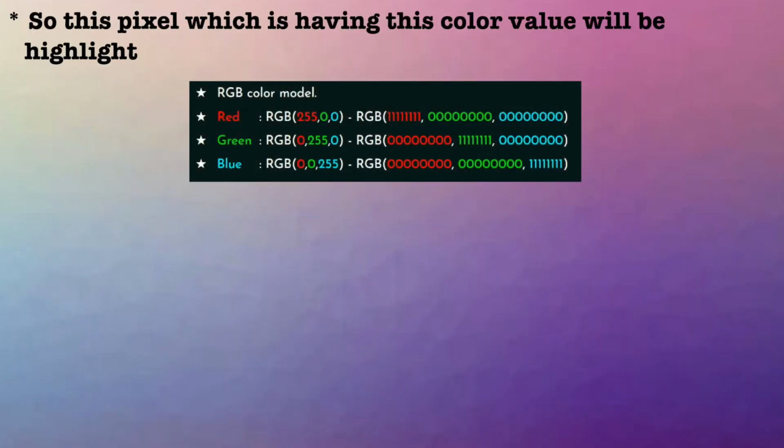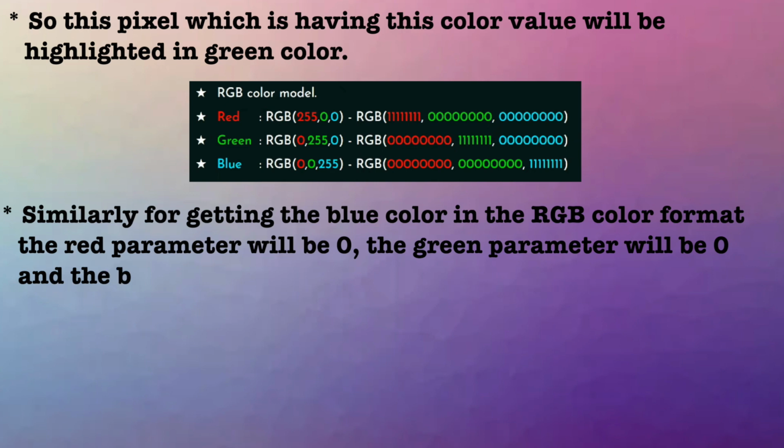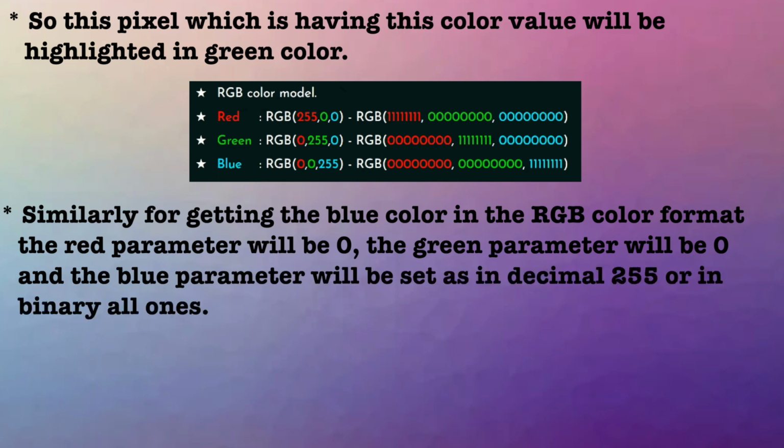So the pixel having this color value will be highlighted in green color. Similarly, for getting blue color in the RGB format, the red parameter will be 0, the green parameter will be 0, and the blue parameter will be set as 255 in decimal, or all ones in binary.